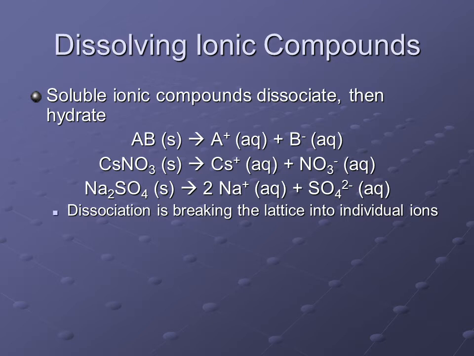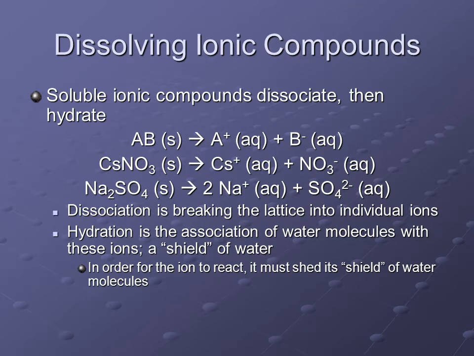So, I said there are these two processes, dissociation and hydration. Dissociation is breaking the lattice into the individual ions. Hydration is the association of water molecules with these ions. You basically end up with a shield of water molecules.